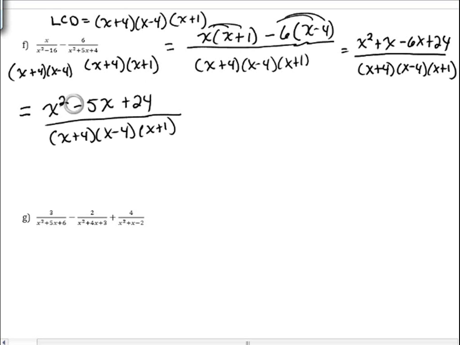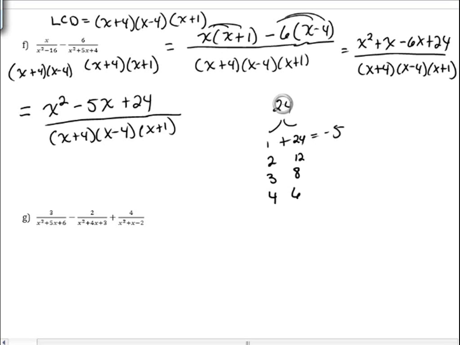You should always check to see if your numerator will factor. So we would want to factor 24 so that the sum would give us negative 5, the middle term. The factors of 24 are 1 and 24, 2 and 12, 3 and 8, 4 and 6, and none of these will give us a sum of negative 5.